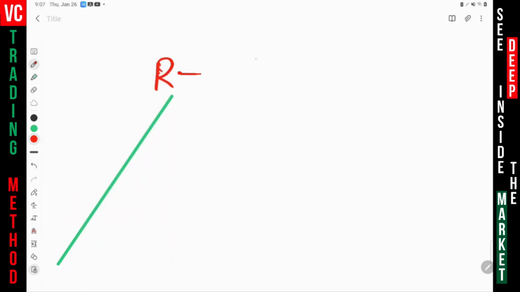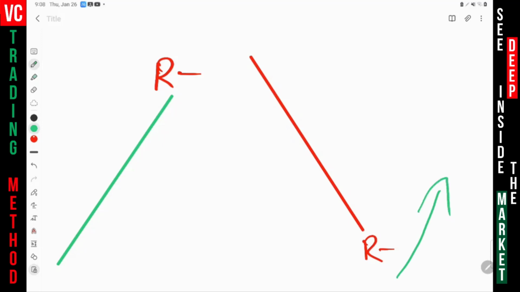Similarly, if the wave is negative and the results are also negative, it means price can reverse near a support level. These are the meanings of continue or non-continue comparison results.